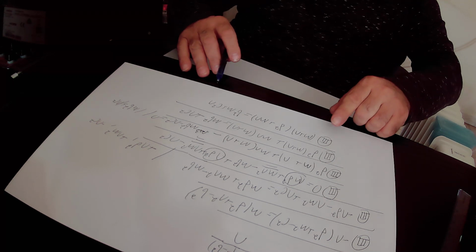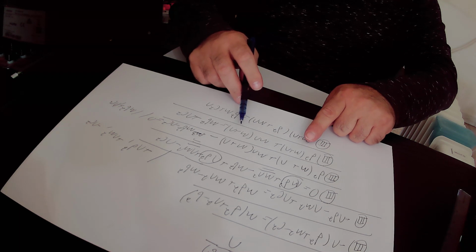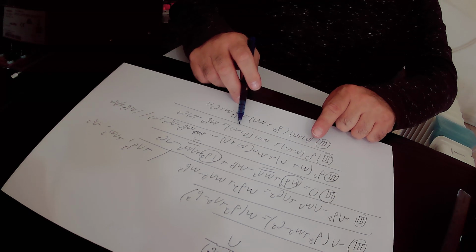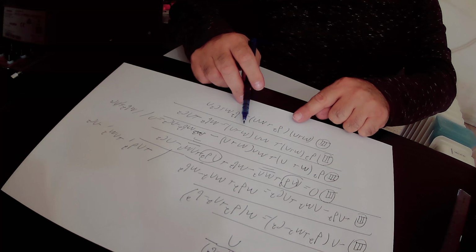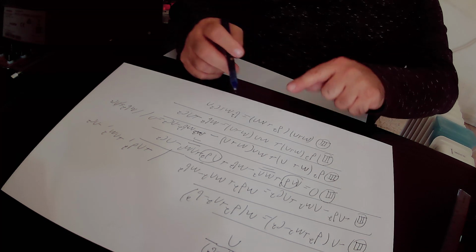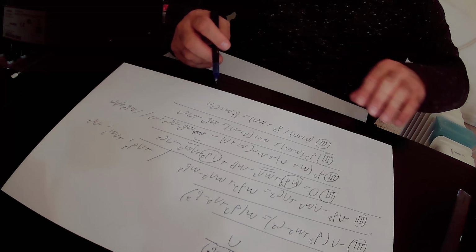Okay, then we took out m plus n as a common factor from those two expressions. So inside the brackets we are left with d squared plus mn, and it must be equal to b squared m plus c squared n.